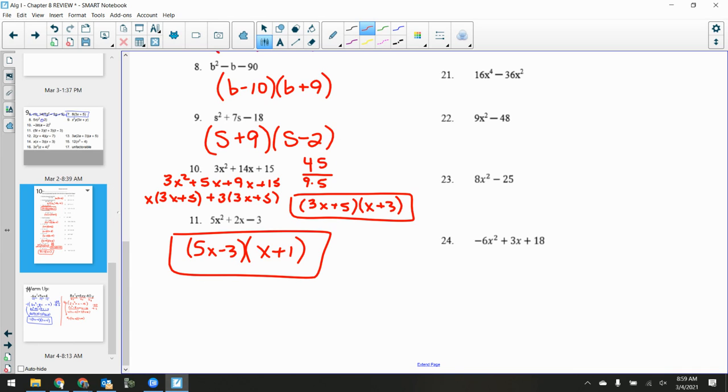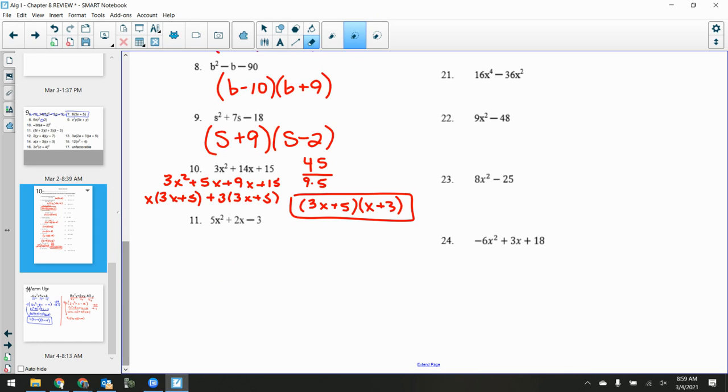Sure. Yeah. Let me just show the work here. We've got 5 times negative 3 is negative 15. Factors of negative 15 that add to a positive 2: negative 3 times positive 5. Does that make sense so far? Okay. So we get a 5x squared minus 3x plus 5x minus 3.